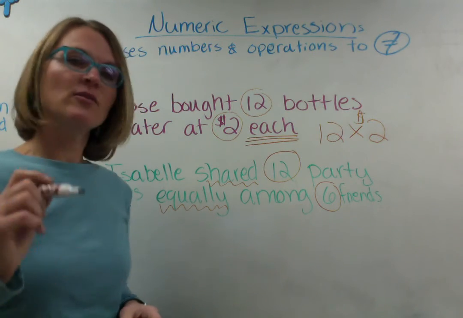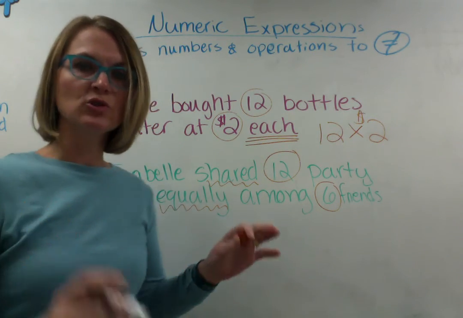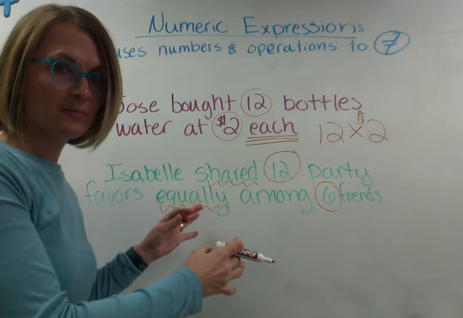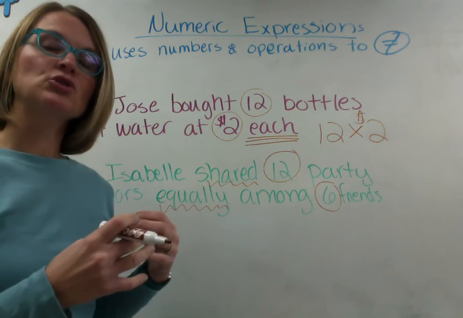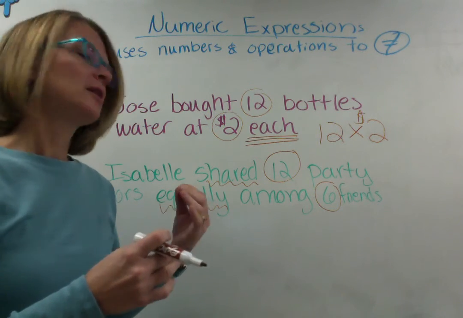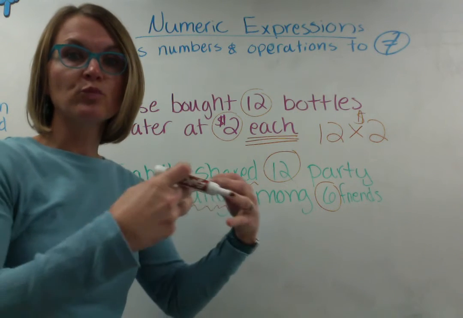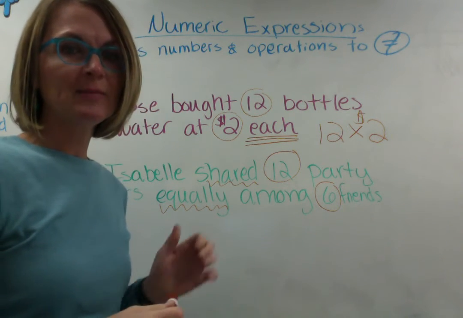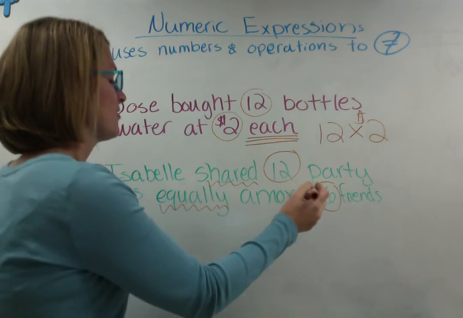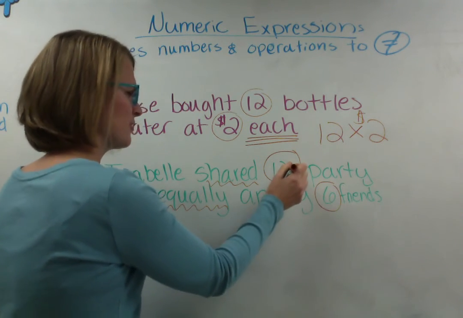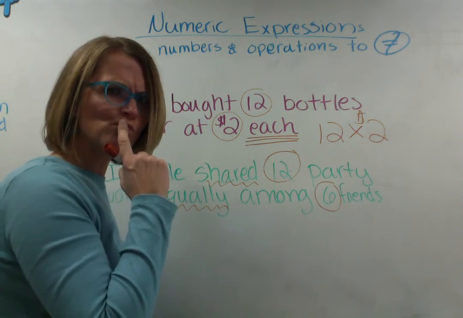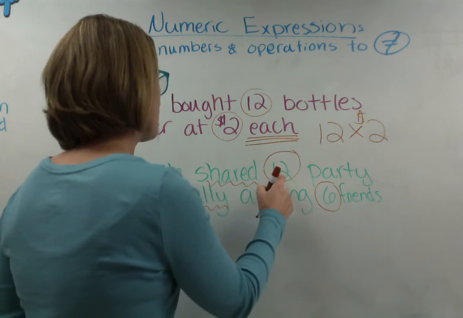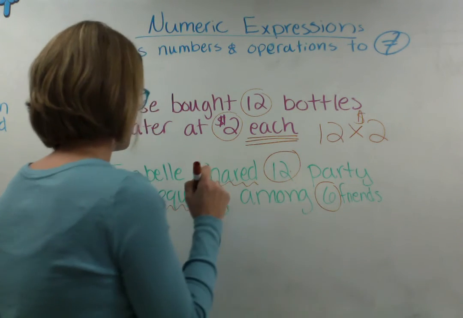This is where it's going to get tricky, when you're trying to work out division problems. It's even trickier when you're trying to write the division problem. You have to make sure the language is correct and that you're splitting the correct thing. Are we splitting the friends into groups of 12, or the party favors into groups of 6?